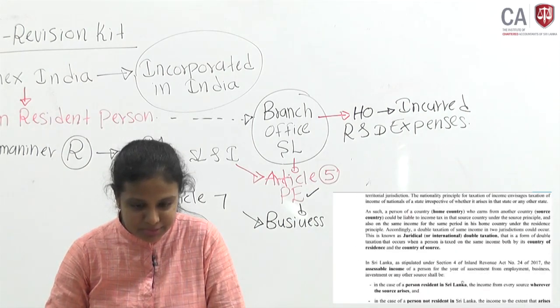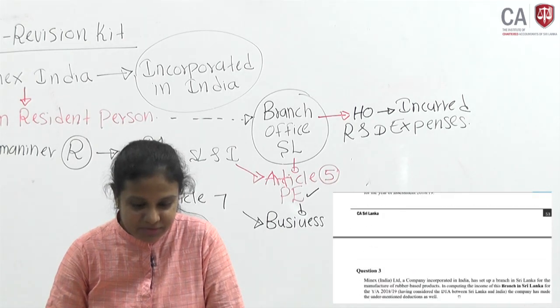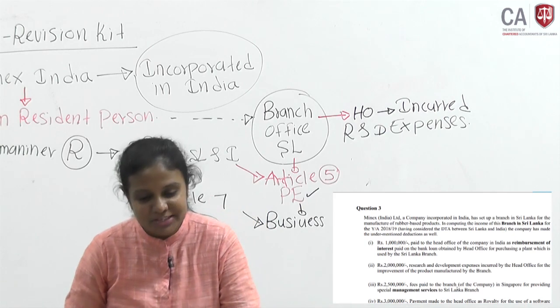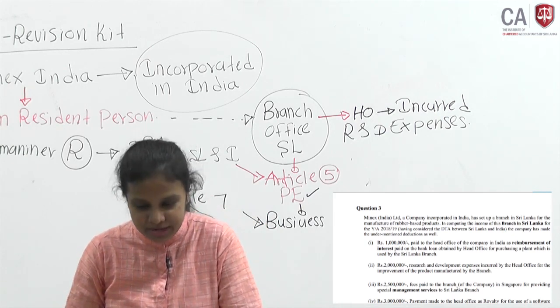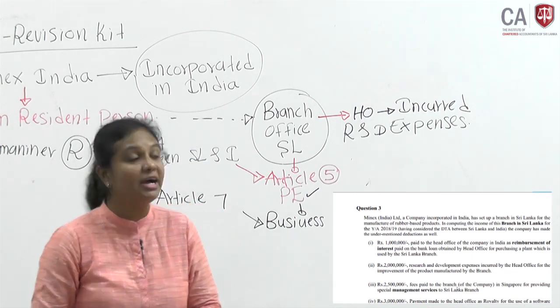Let me come to the answers, then we will come to question 3 here. Sorry for that. The rupees 2 million research and development expenses incurred by head office for the improvement of the product manufactured by the branch.